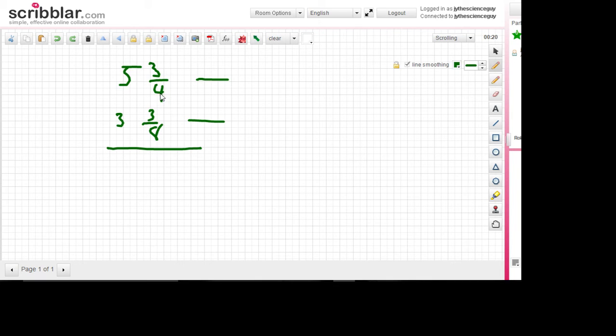So how do I change that 4 into an 8? Times it by 2. So I'm going to do top and bottom that way, because those two numbers are related to one another. So this is 8. What would the top number be? 6. And this is already an 8, so that top number doesn't change. It stays exactly the same. 3.